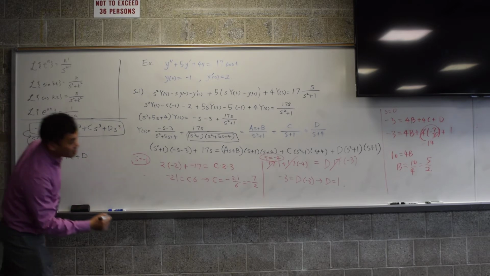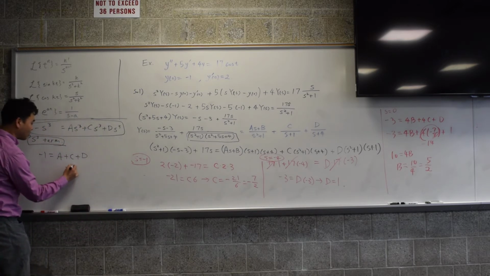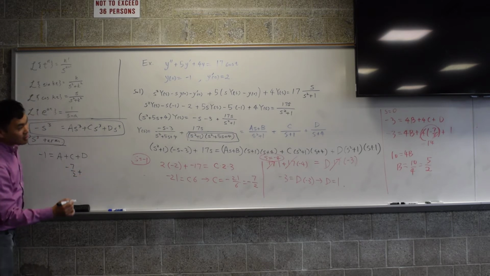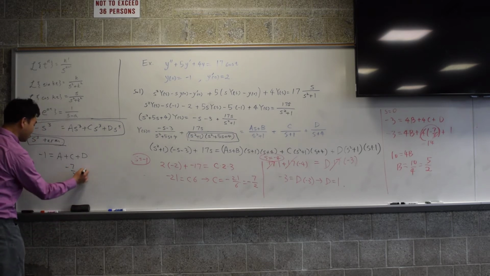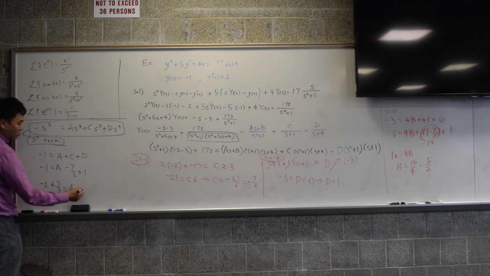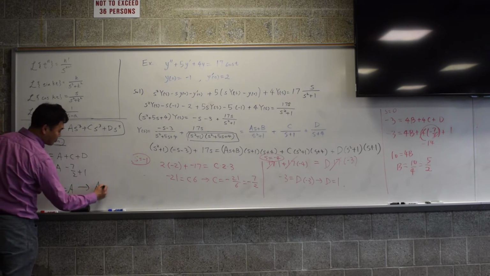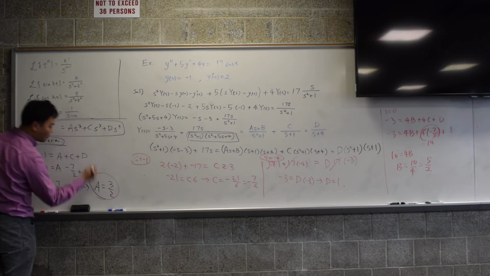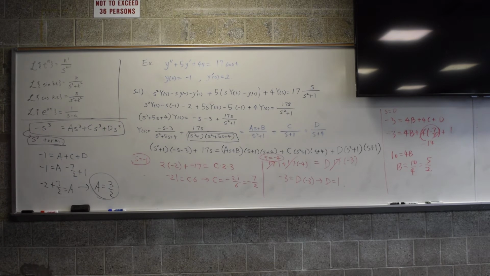C is -7/2. And d is 1. So if I move this to the other side, it's -2 plus 7/2 equal to a. -4/2, so it's 3/2. So a is 3/2. That's what a is.